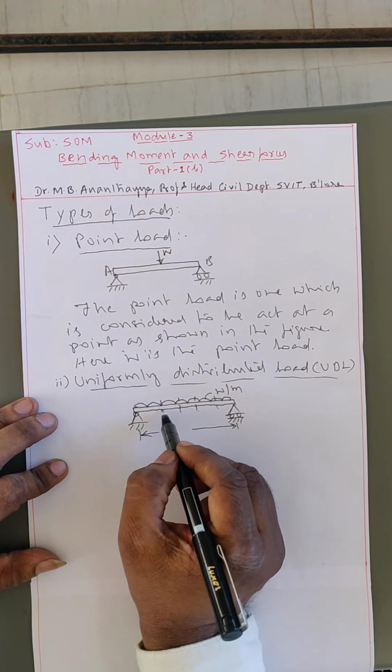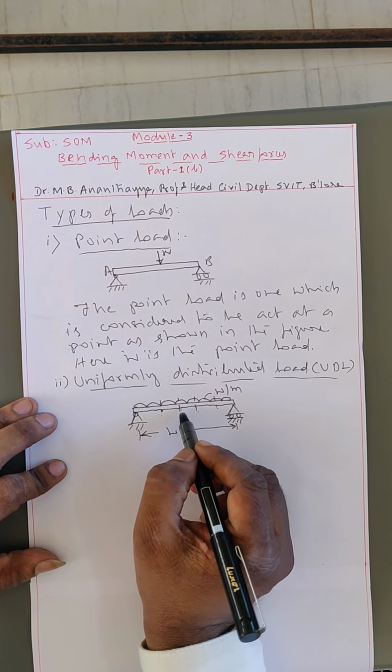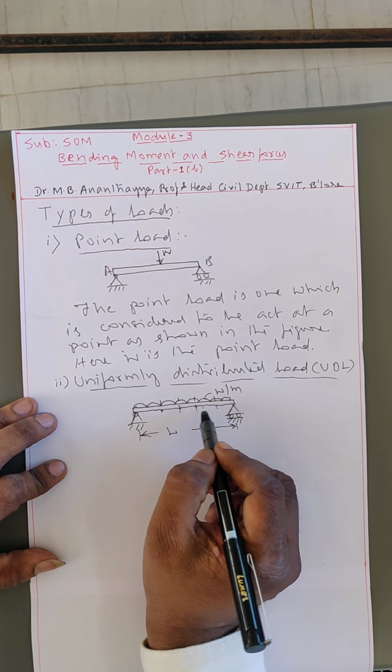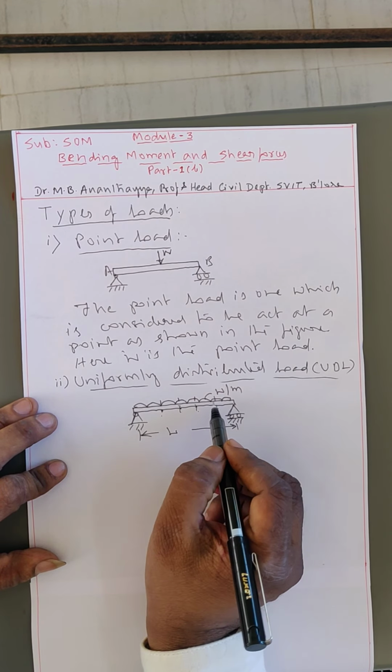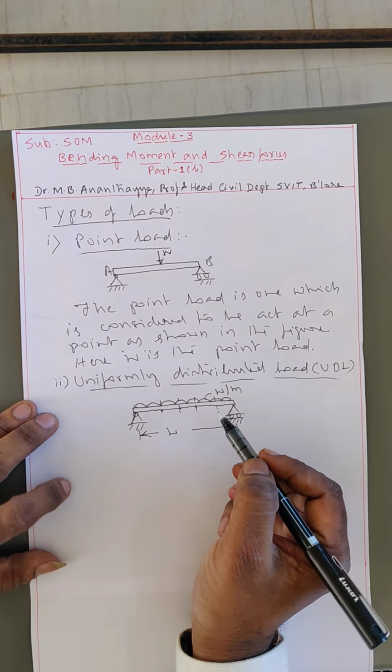Here, the intensity of the load for each meter length remains constant. What is the load for 1 meter length? The same load is there for the next meter length, and the next meter. That means for each meter length, the intensity of the load is the same.